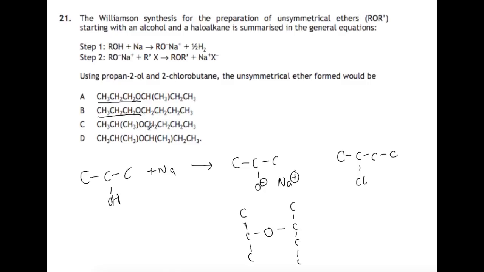However, on the other side, this would be a straight chain. This would be for 1-chlorobutane, so this one can't be correct either. Whereas here we've got that same chained propanol group, but then we've also got a chain on the butane, so D is the answer.